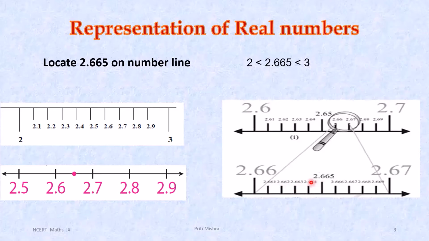In this way, here we have 2.665, 2.666 and 2.669 on the number line. So we are here to find the location of 2.665. You got the point 2.665 at this point in between 2.66 and 2.67. So this is the representation of a real number on the number line.